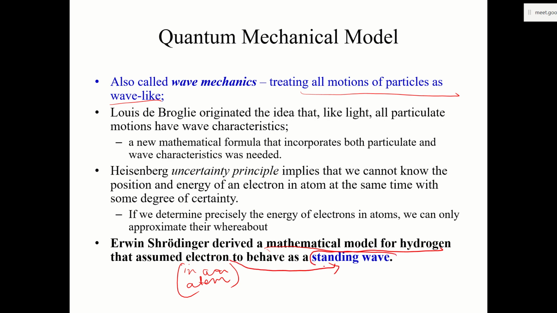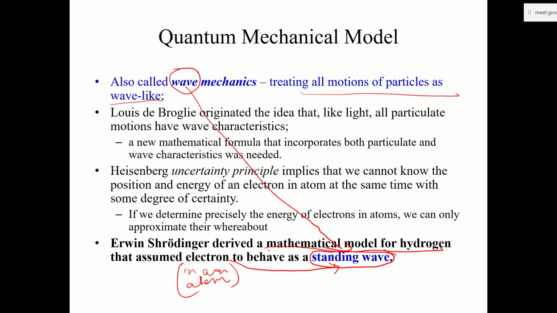This is important. Schrödinger assumed the electrons to be behaving as a standing wave. It is wave mechanics, and it is what kind of wave? Standing wave. Remember, this is very important.